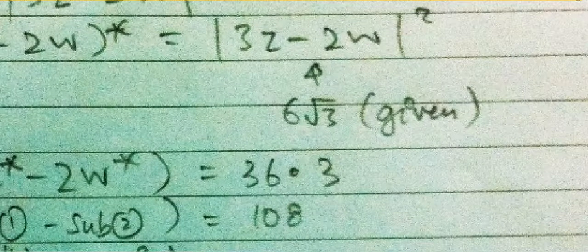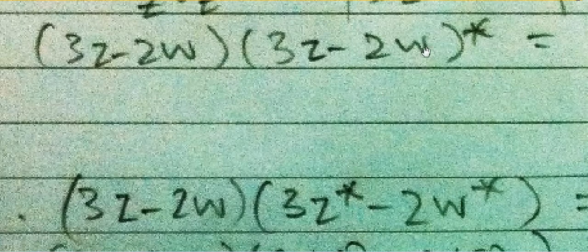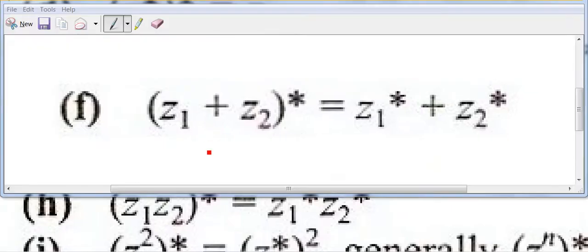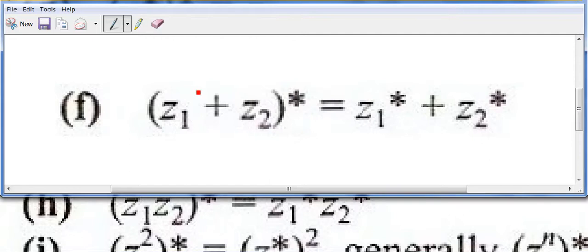The way to simplify this is to multiply the conjugate into the z and into the w. So you get 3z minus 2w times 3z conjugate minus 2w conjugate. This is the property: whenever you have two complex numbers inside a bracket, z1 plus z2 conjugate, the conjugate is allowed to multiply inwards to get z1 conjugate and z2 conjugate.